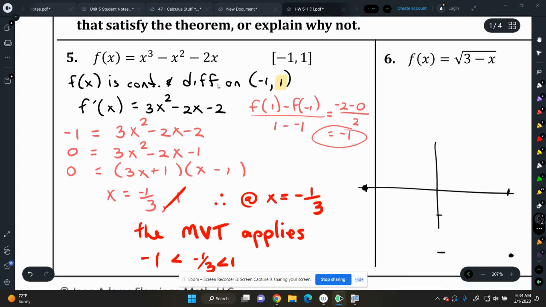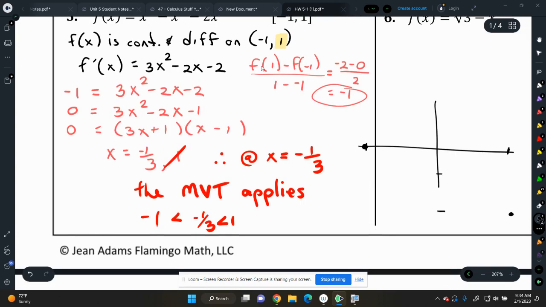What's f of 0? 0. Okay. So I think the curve goes like this. Does that make sense so far? Okay, that's what my f of x looks like.